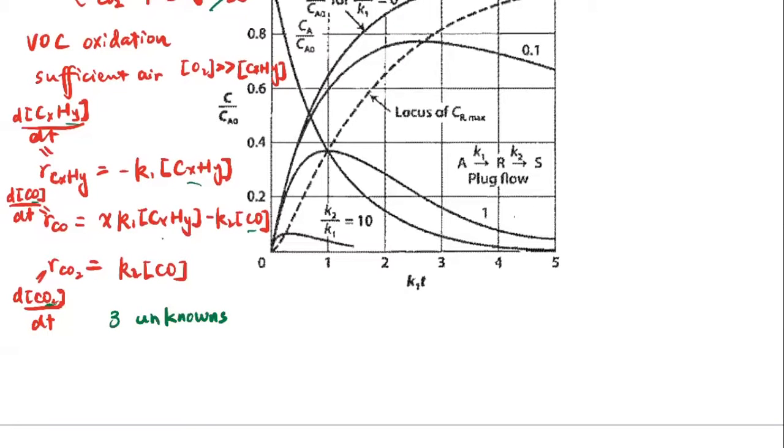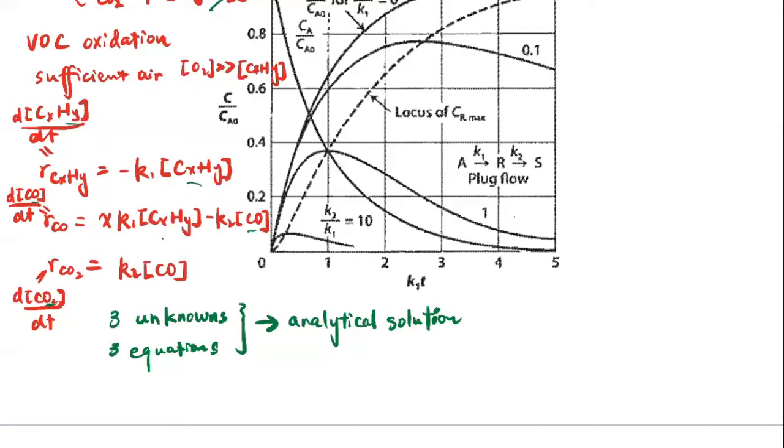And we have three equations. So theoretically, we should be able to solve them with an analytical solution. Okay, so there is an analytical solution here.